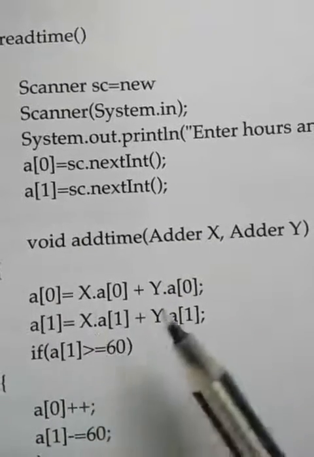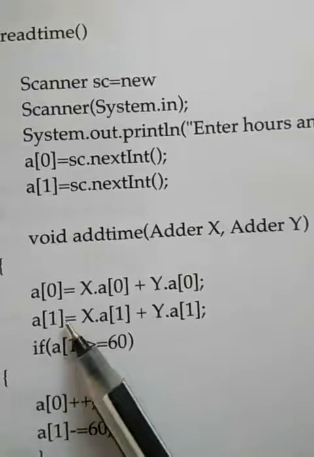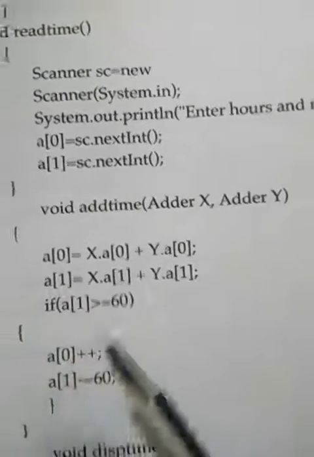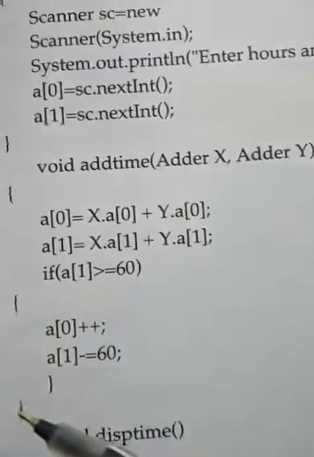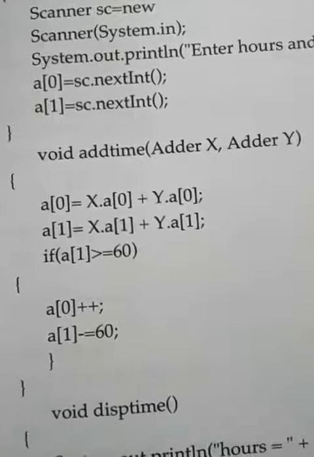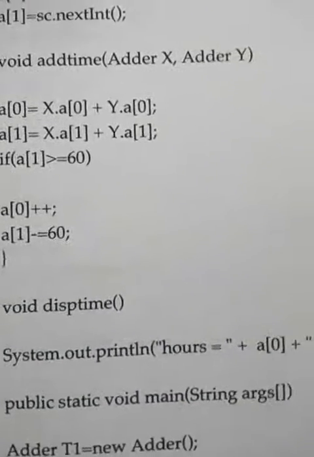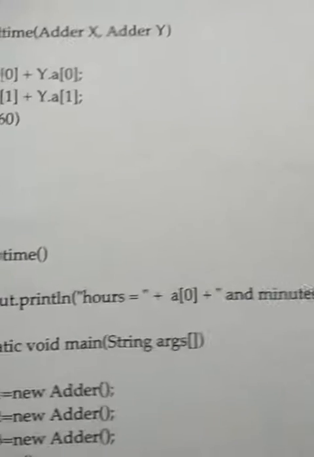And the minutes, a of 1 of both, will be added and stored in the current object. If the current object's minute is greater than or equal to 60, we will increase the hour and deduct 60 from minutes. Now display the time: hours equal a of 0 and minutes equal a of 1.